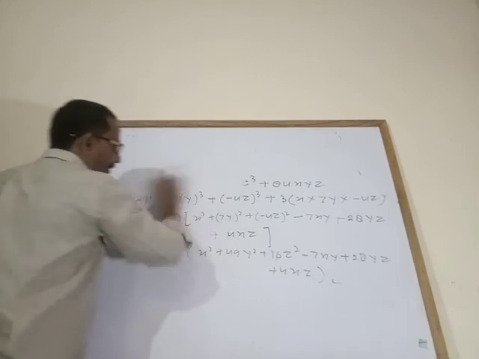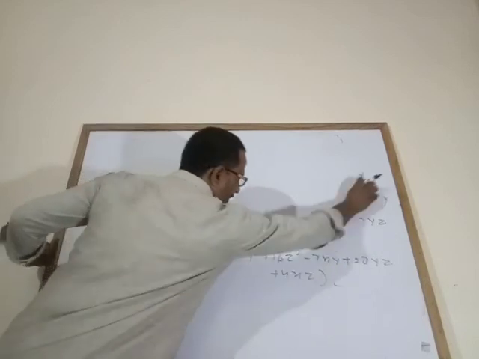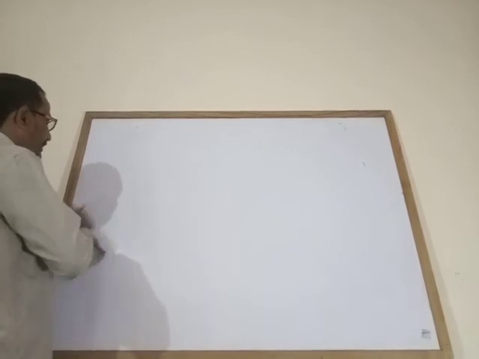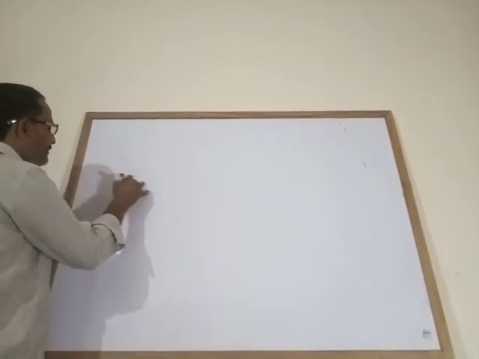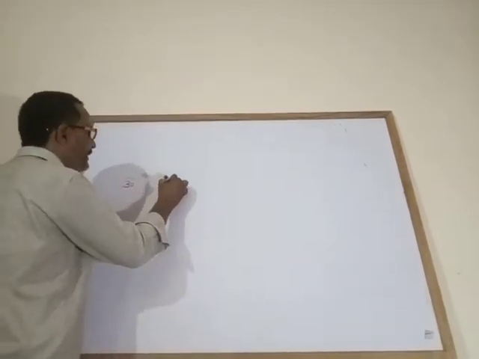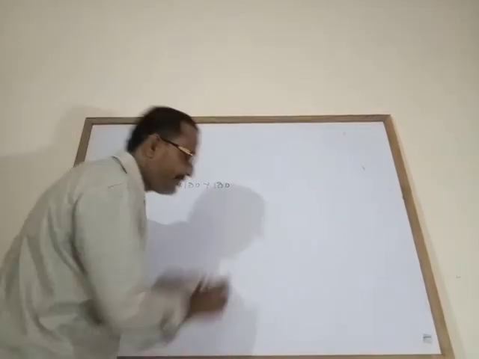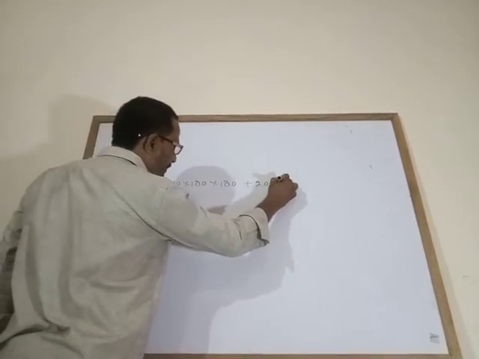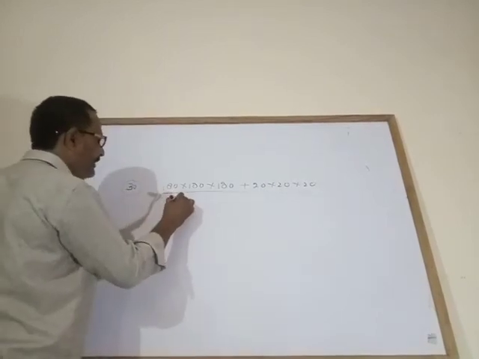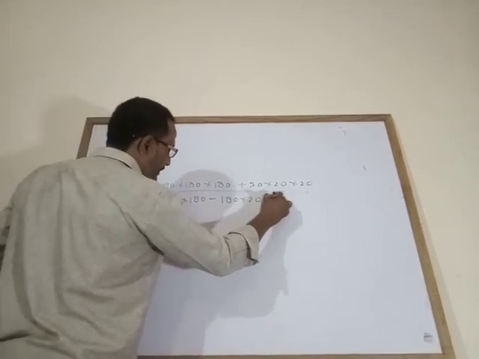Very good question, and this question is also given in the 9th class book, so you focus on it. Question 30 is given: 180 into 180 into 180 plus 20 into 20 into 20 upon 180 into 180 minus 180 into 20 plus 20 into 20.